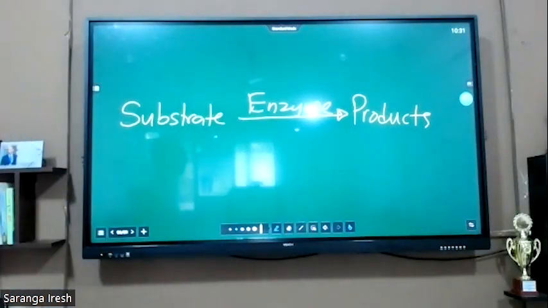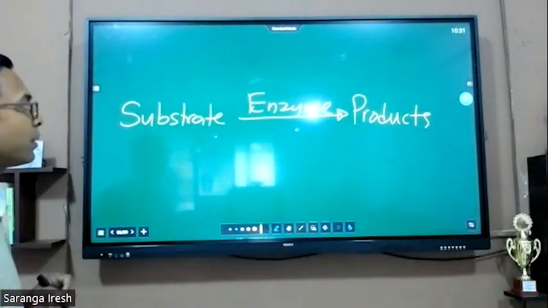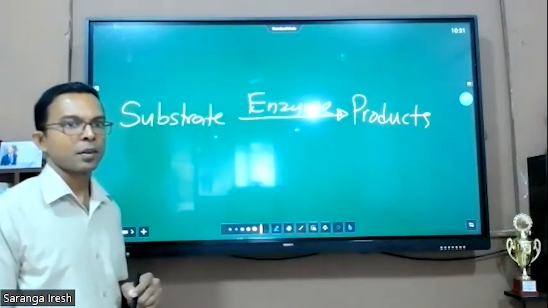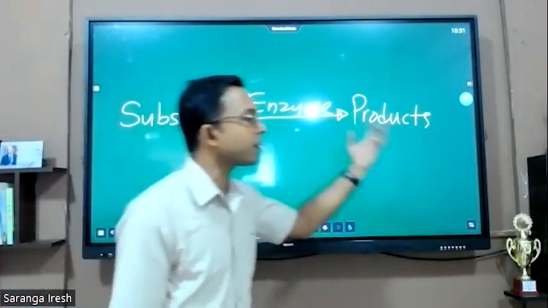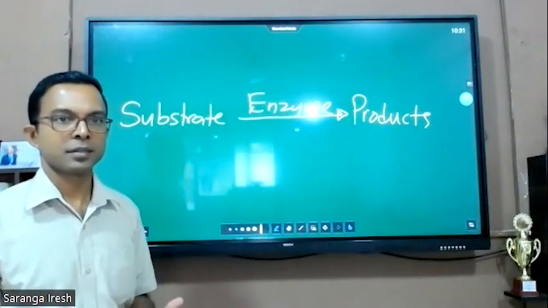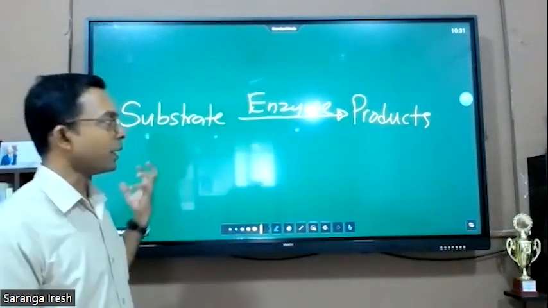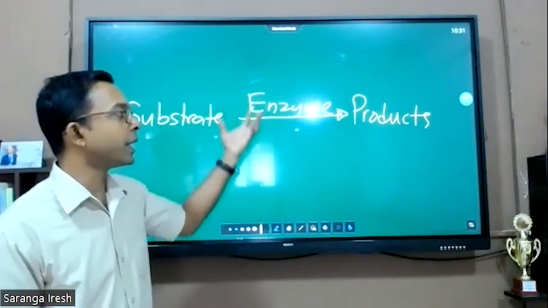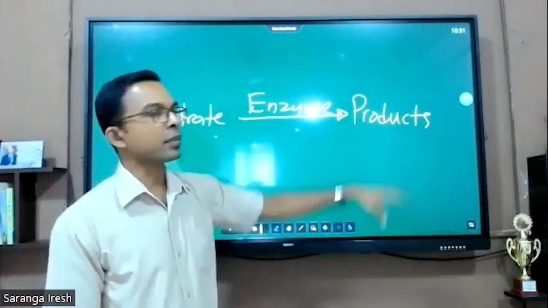Substrate is the molecule which binds with the enzyme to make a product. Products are the final result of the reaction. Substrates are the initial molecules. The initial molecules bind with the enzyme and make the products.